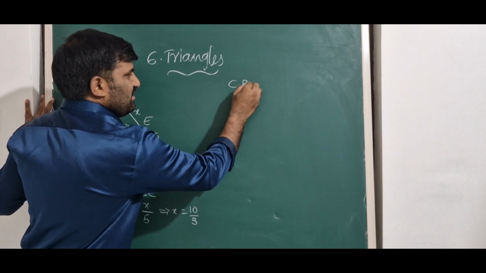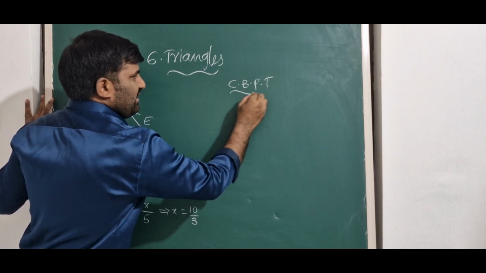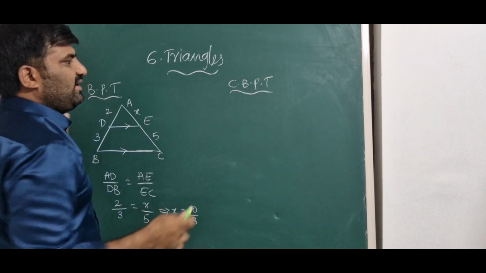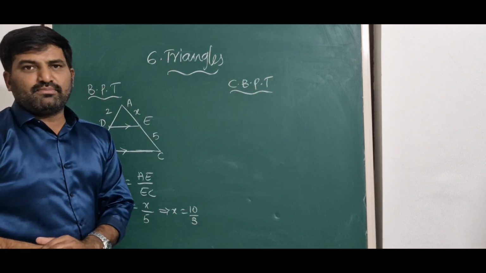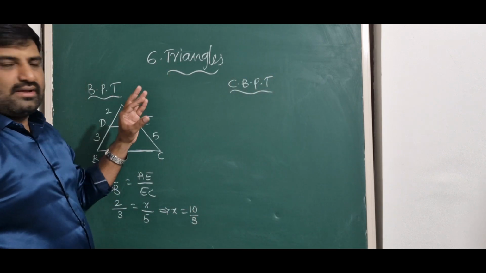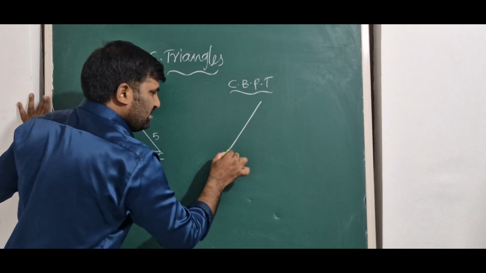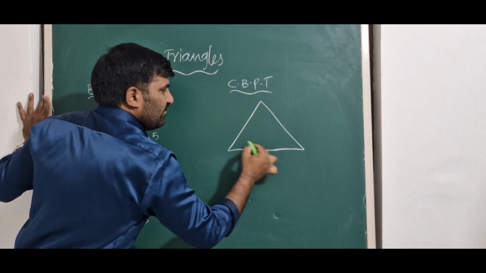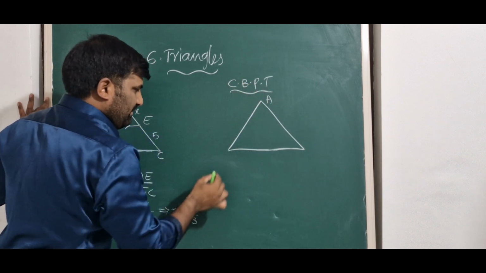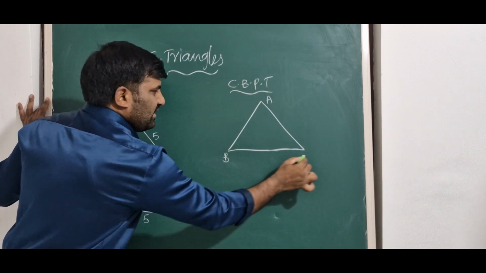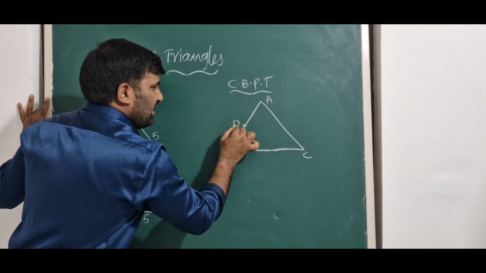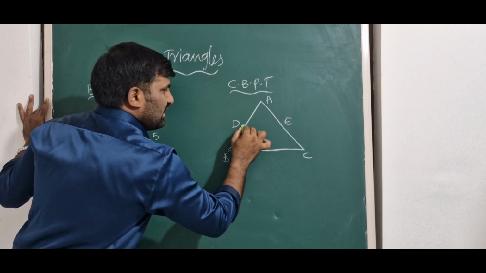Next, the example based on the converse of BPT. You don't have this name, converse of BPT, in the textbook, but the reverse, the vice versa of this theorem, is the converse of BPT. I will give you the statement, and later you can go with the examples of converse BPT. Same triangle ABC, with DE.